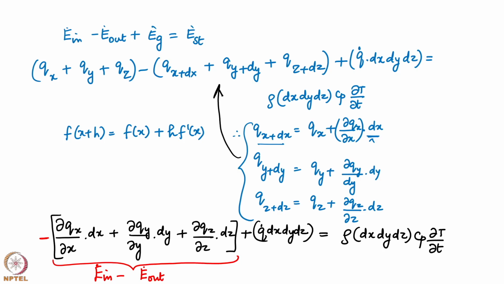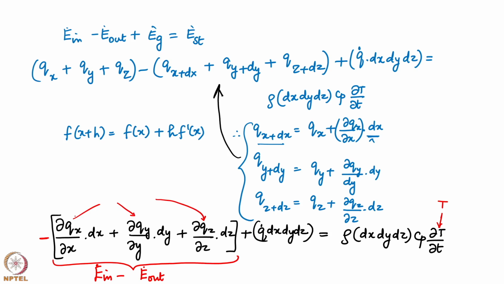Okay. So, now this is of no use to me because this is a differential equation, agreed, but I have independent variables x, y, z and t. I have a dependent variable which is temperature. I have 3 dependent variables which are q x, q y and q z, which are of no use to me.